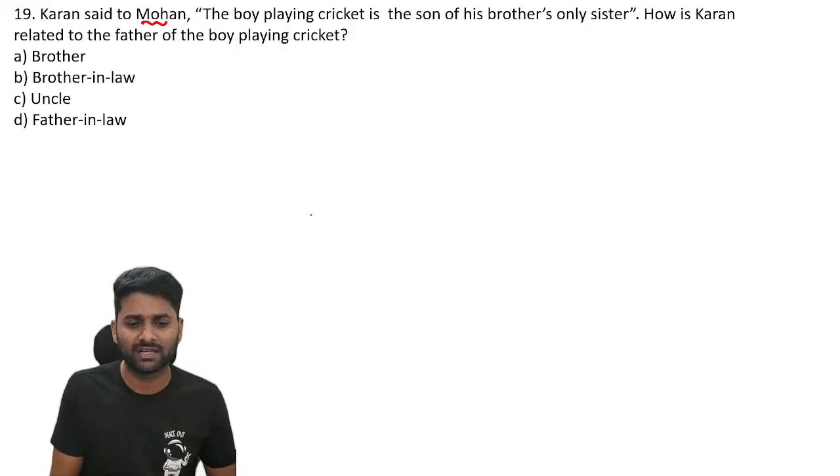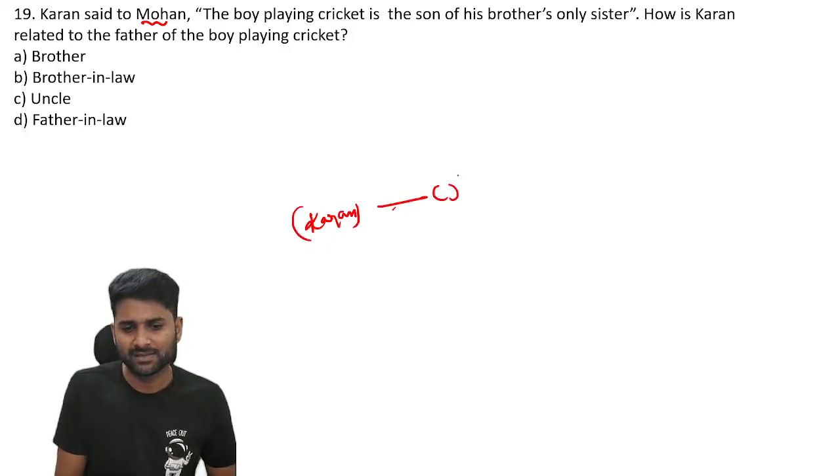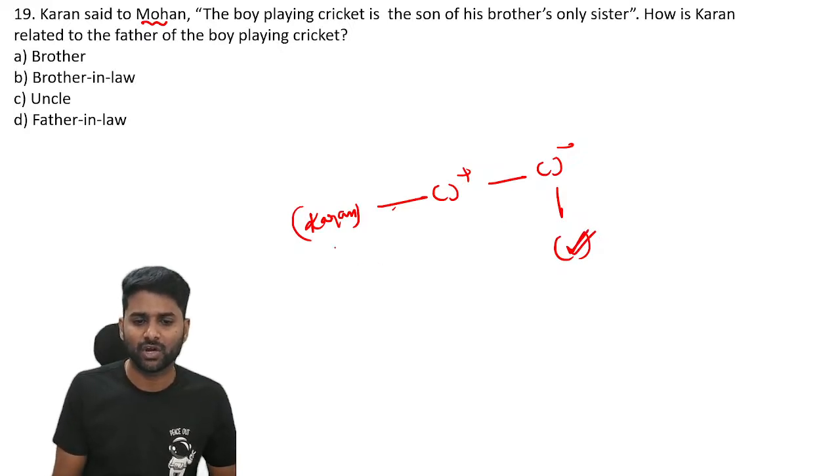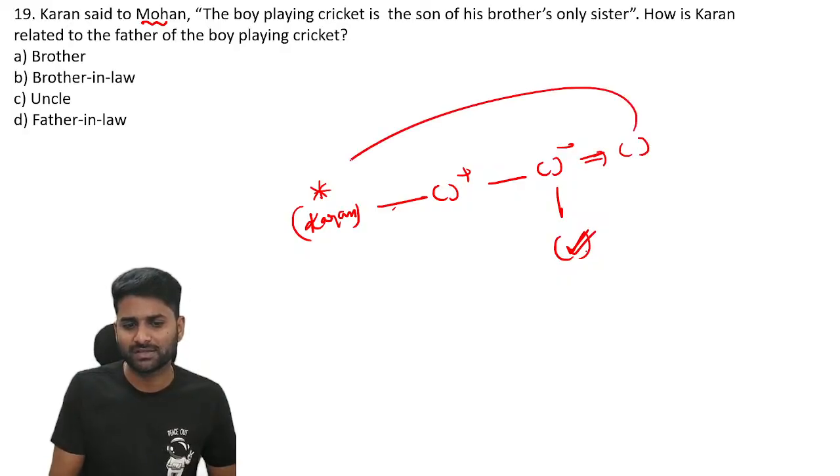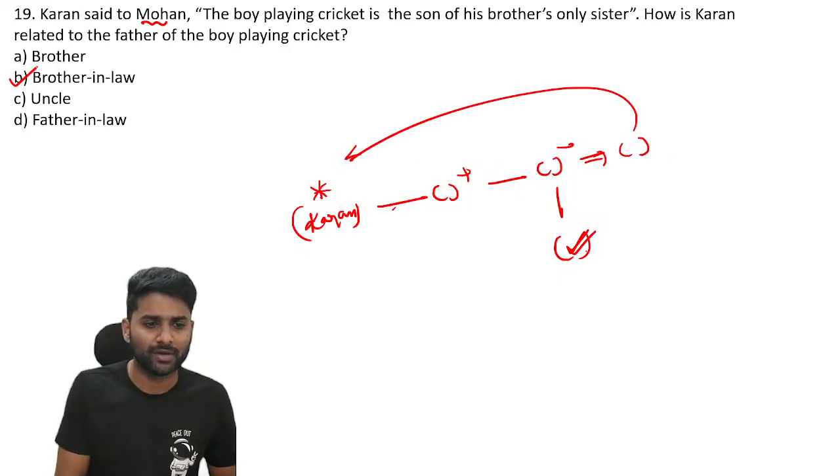This is all about Karan: Karan's brother's only sister's son is the person playing cricket. The question: how is Karan related to the father of that boy? Karan is related to the father of the boy as brother-in-law.